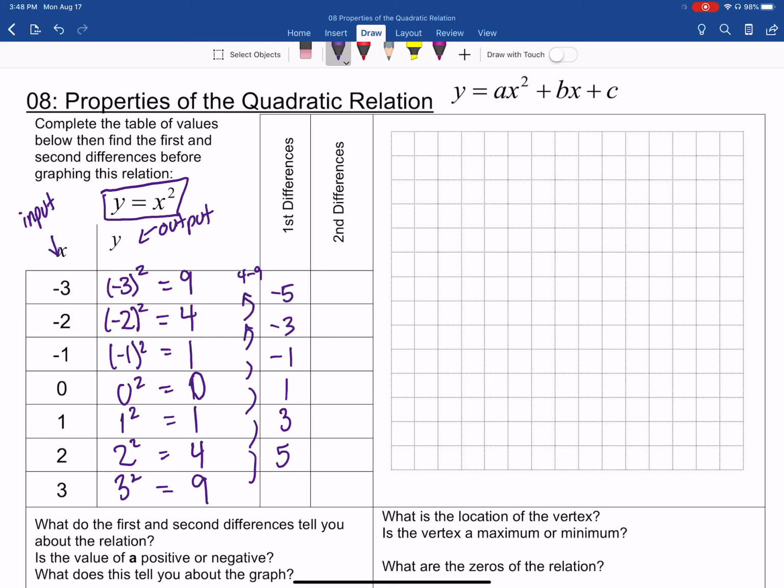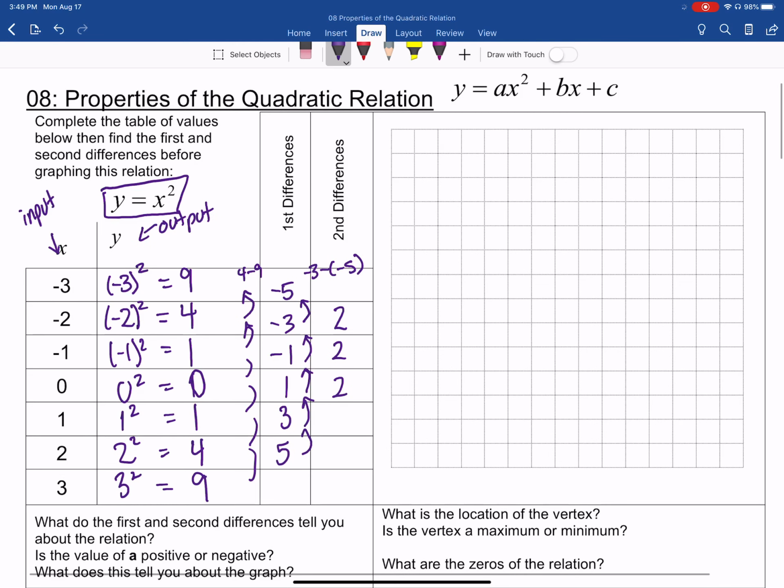And if we do the second difference, where we take the difference between the first differences, so what that means is I'm going to take that -3 and subtract that -5, I'm going to get +2. Actually, I'll just draw it down there, 2. And these guys, if I subtract them, I get 2. It's very important that you remember that you're subtracting from the bottom to the top.